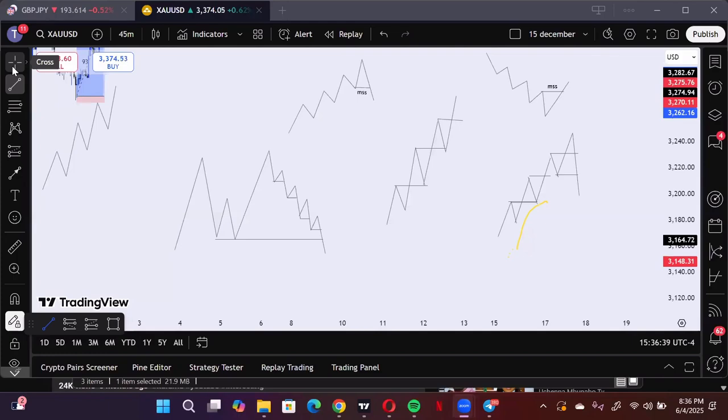Each lower low that it makes is a breakout structure to the downside, but those are single breaks of structures.